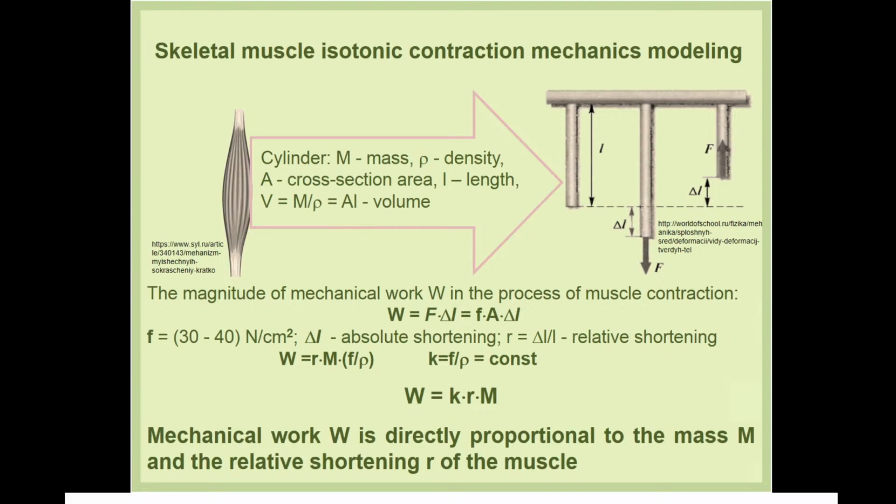And we can talk about a cylinder of mass we mark by capital M, and muscle tissue of density we mark by this symbol rho, and A is the cross-section area of the thickest part of the skeletal muscle.